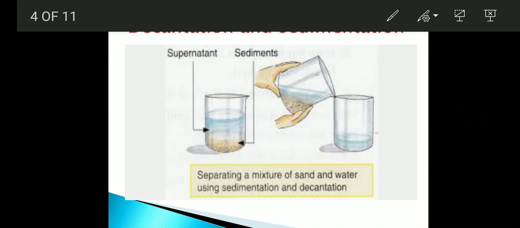So we can say that in decantation, the liquid forming the upper layer is carefully poured, leaving behind the settled solid at the bottom of the container.